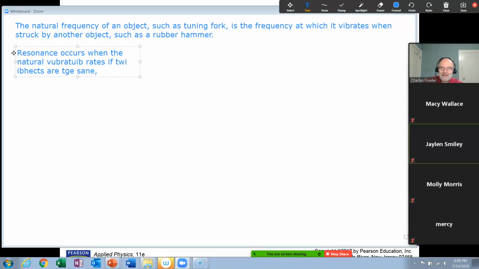The vibration rates of two objects are the same.